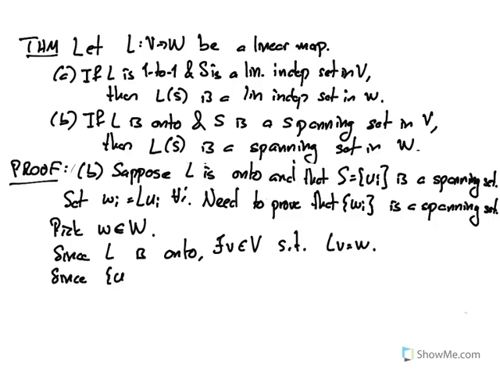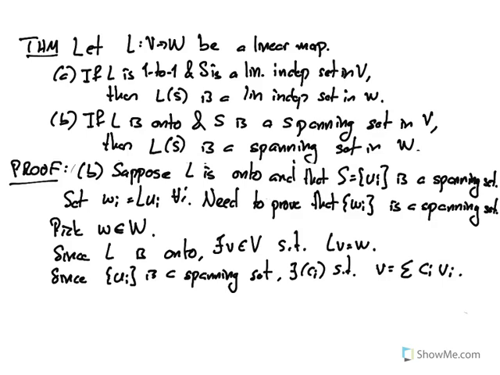And since the Ui form a spanning set, I know that there exist Ci such that V is equal to the sum of Ci Ui.